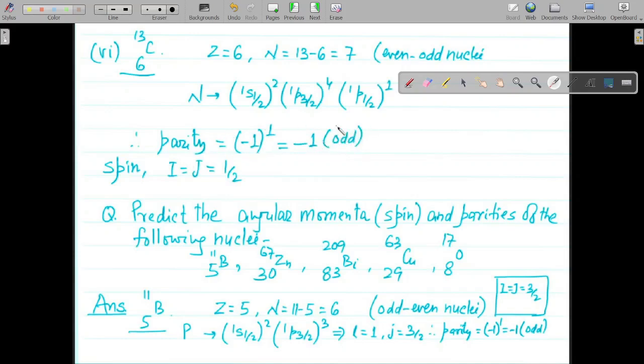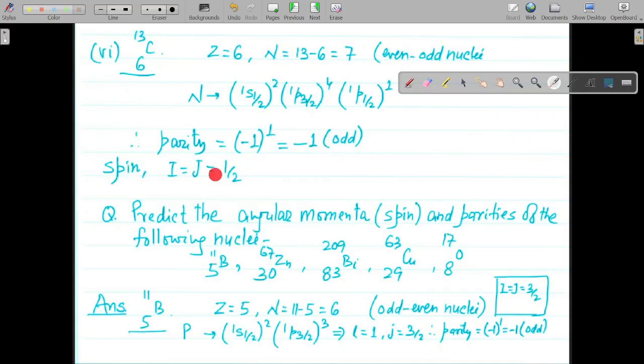So parity is clearly odd over here for C613, because the last neutron goes in 1p1/2, the value of L is 1, and (-1) to the power 1 gives you -1. So the parity is clearly odd.